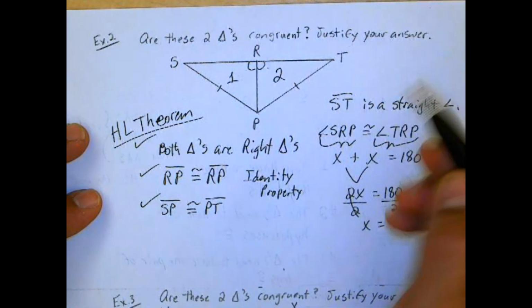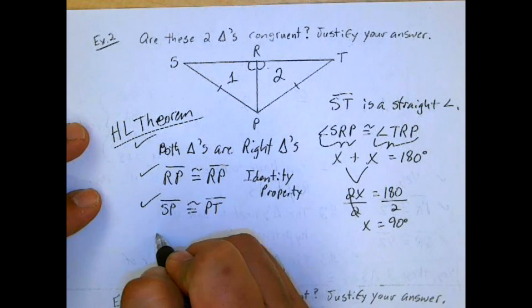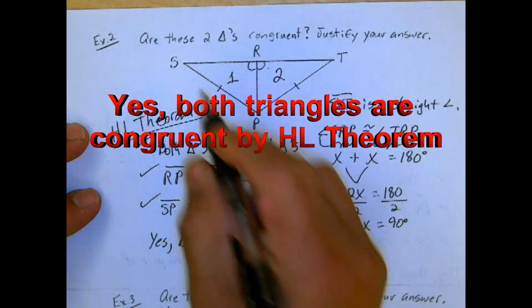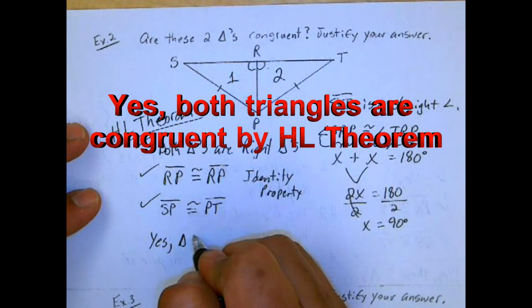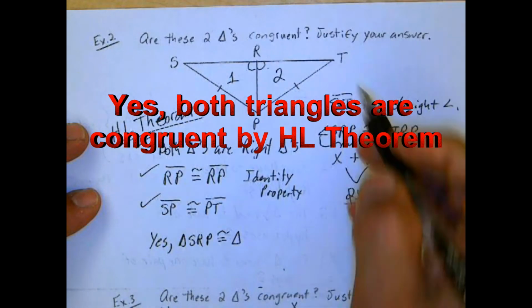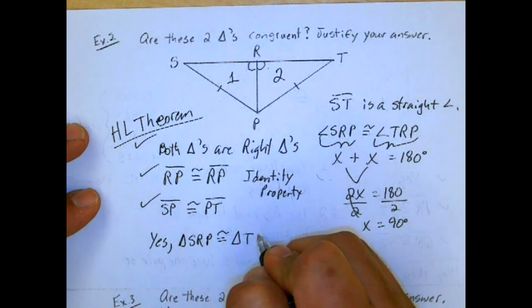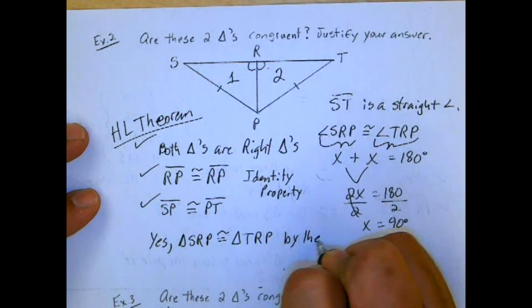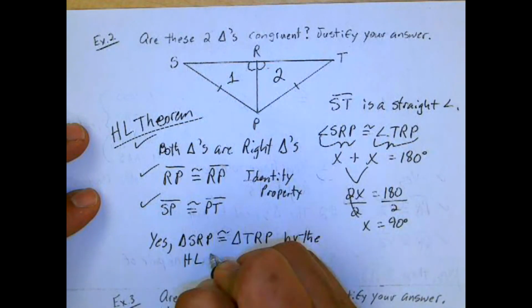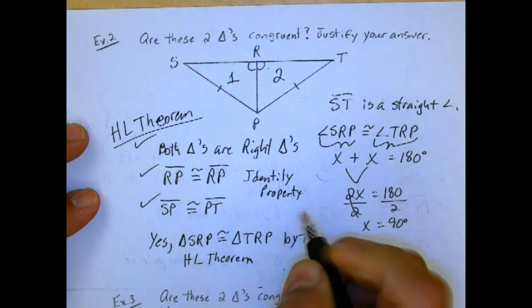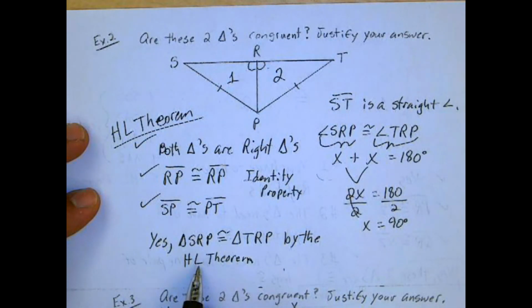So, how would you respond to this? Yes, comma, triangle SRP is congruent to triangle TRP by the HL theorem. Remember what HL theorem stands for. Hypotenuse leg.